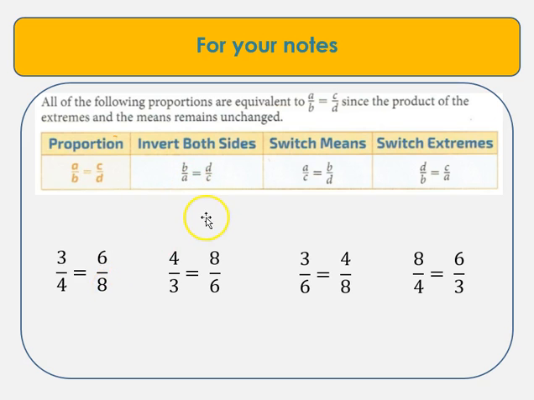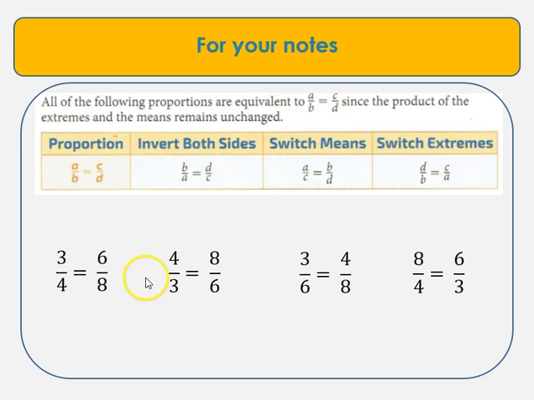Now, you can invert both of these proportions without even thinking about it and just switch tops to bottoms. So 4 over 3 now, and 8 over 6. And if you cross multiply, they're still both equal to 24.